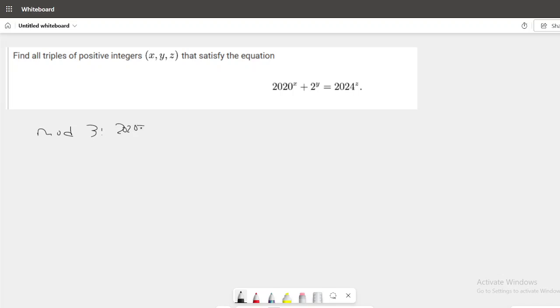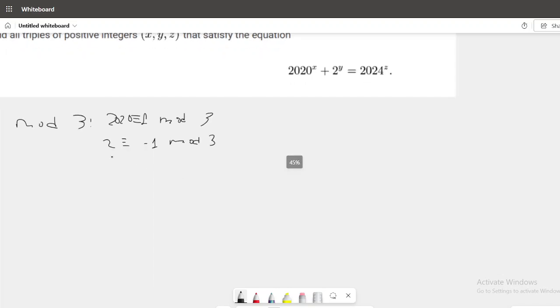2020 is congruent to 1 mod 3. 2 is congruent to negative 1 mod 3. So we get the whole thing, let's call it S, is congruent to 1 plus negative 1 to the power of y mod 3.